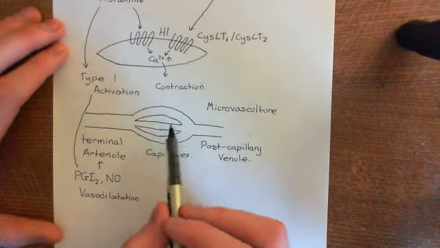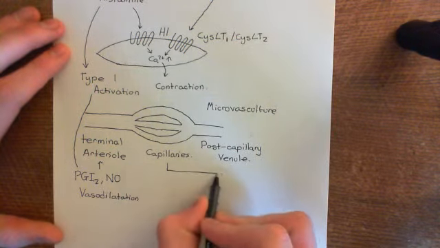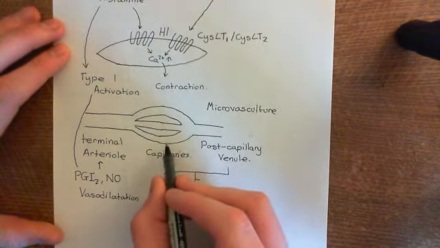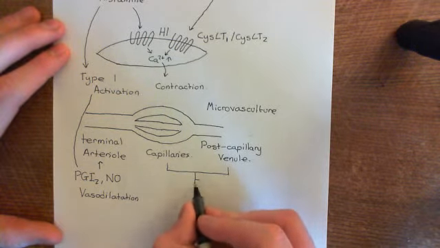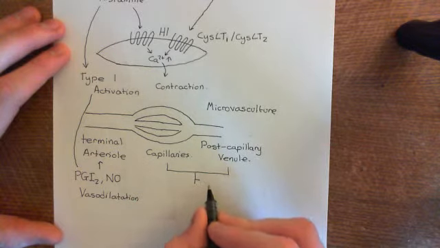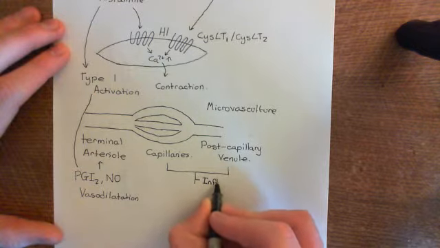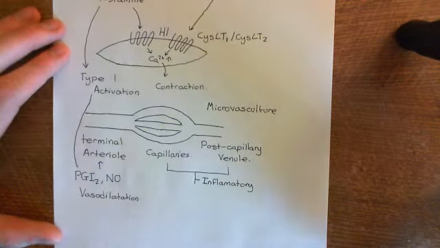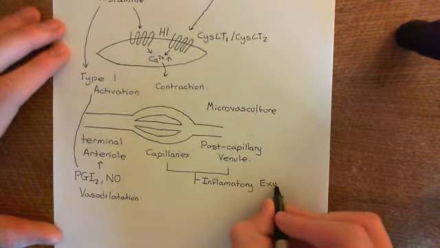You're also going to get type 1 activation of the endothelial cells in the capillaries and the post-capillary venules. Now here what it leads to is endothelial cell contraction. Okay, so the endothelial cells shrink a little bit and open up gaps between neighbouring endothelial cells, and this makes holes in the walls of your capillaries and your post-capillary venules, which leads to the formation of an inflammatory exudate, because fluid from within the blood vessels will leave the blood vessels through these gaps in the endothelial cells, and then go into the interstitial fluid, and this new fluid causes swelling of the area.